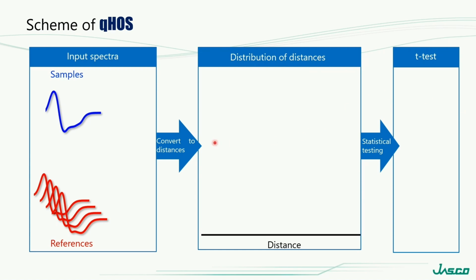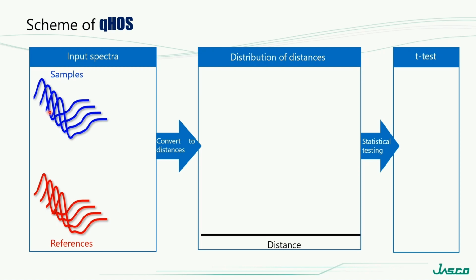The qHOS requires multiple reference data to consider the measurement error of the reference. In case of Student's t-test, one sample data is required. No need to measure the sample repeatedly, but the measurement error of the sample is not considered.